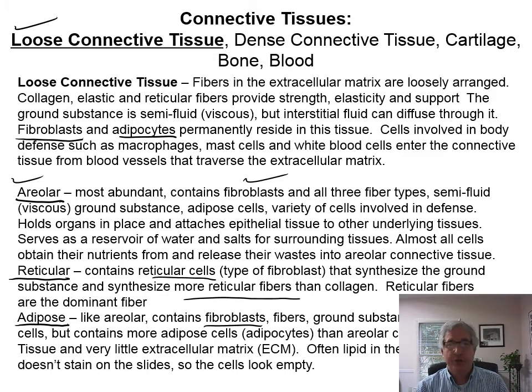So when you look at adipose tissue on a slide, it's going to look like there are little tiny circles that are all empty. The reason is, when you fix adipose tissue on a slide, a lot of times you use an alcohol wash, and alcohol removes the fat from the tissue. So it looks like these cells are all empty.